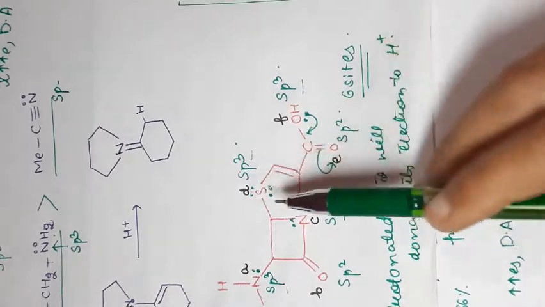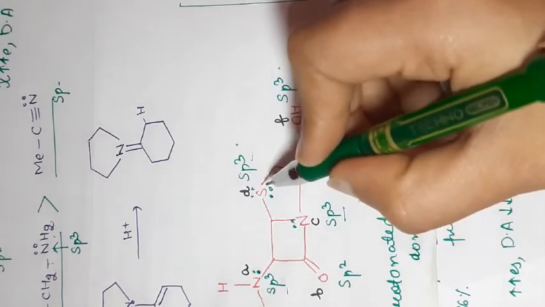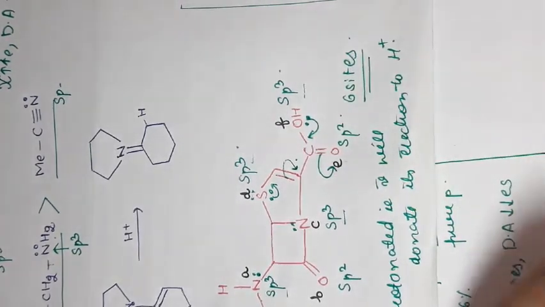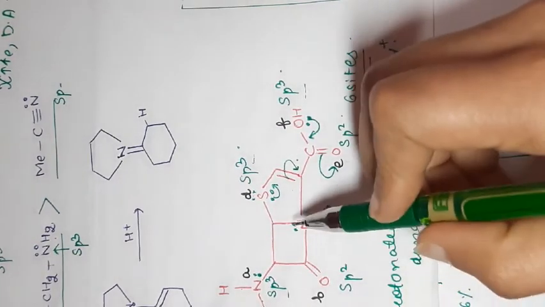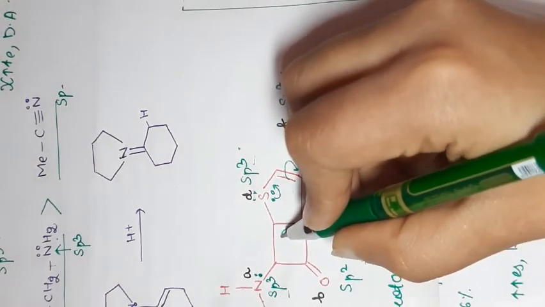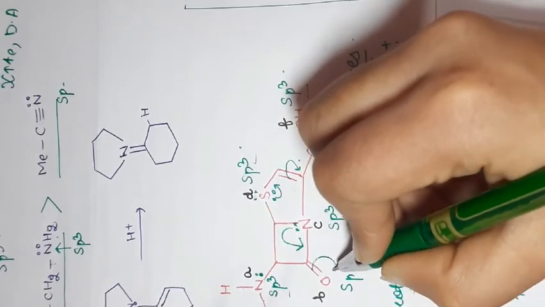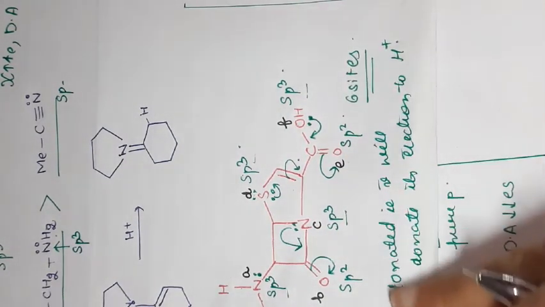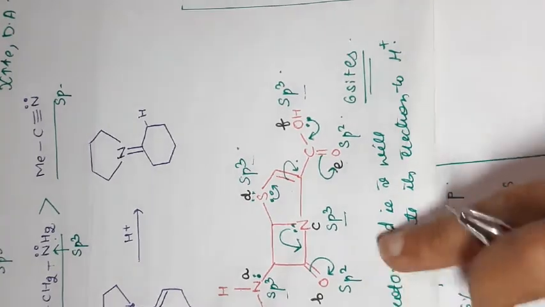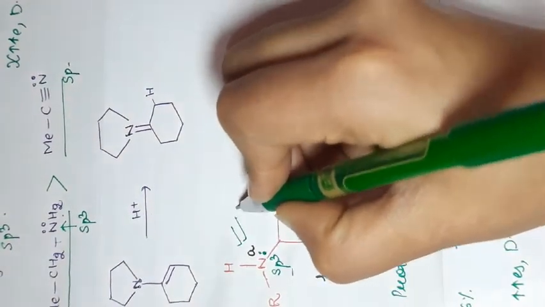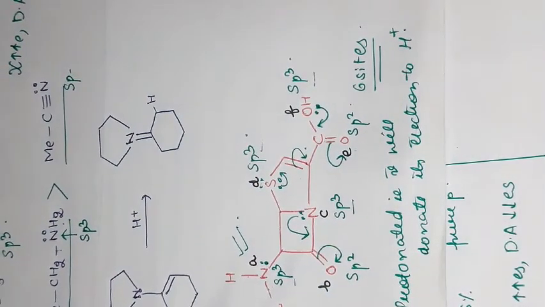Here in this sulfur, also the lone pairs are not localized, and these are in conjugation with this double bond. Now these nitrogen lone pairs too are not localized, these are delocalized with this carbonyl carbon. So as per this concept of nature of electrons, the A position will be protonated. I hope this concept you have clearly understood.